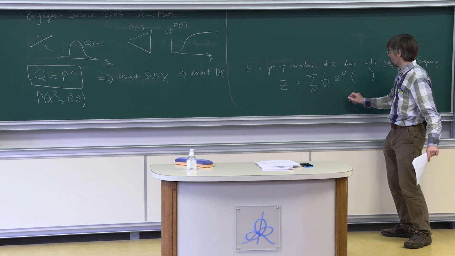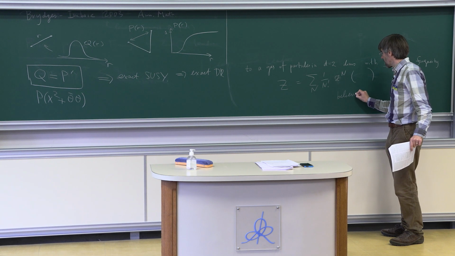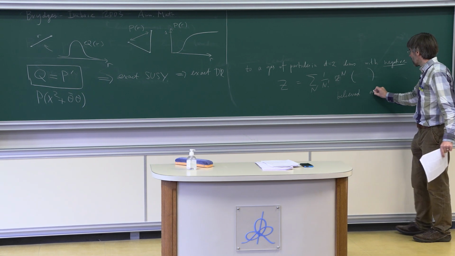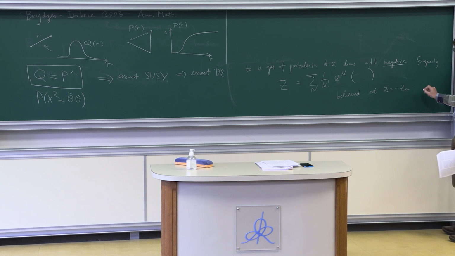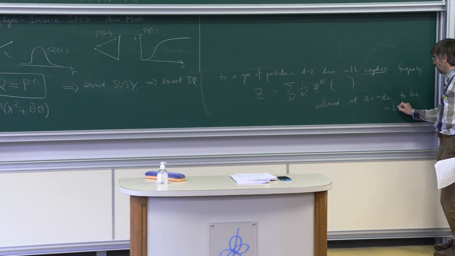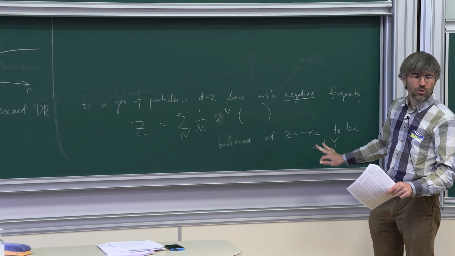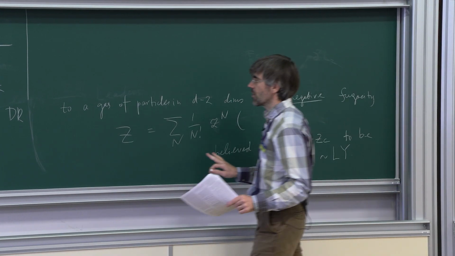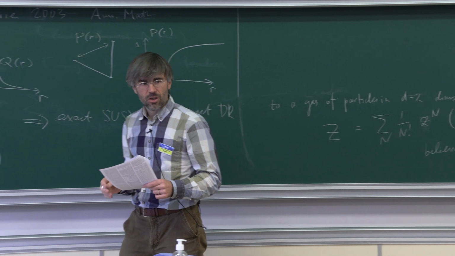So this is believed, at z equal minus z critical, to be equivalent to Lee-Yang. This they don't prove, because this is hard to prove, but the main point of the result is to show this exact SUSY and the exact dimensional reduction.